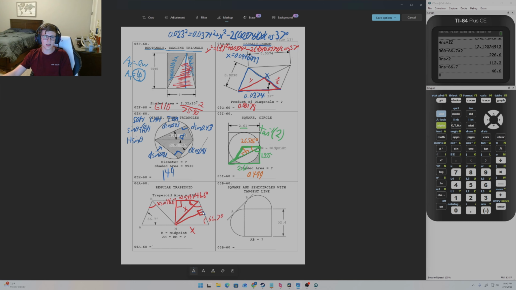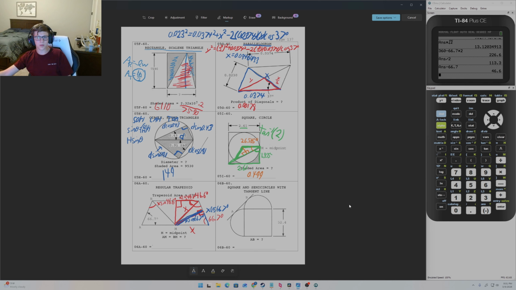This side is equal to X, the hypotenuse, times cosine of 66.7 degrees. And for the height, it's going to be X times the sine of 66.7 degrees. And again, that is the height right there.